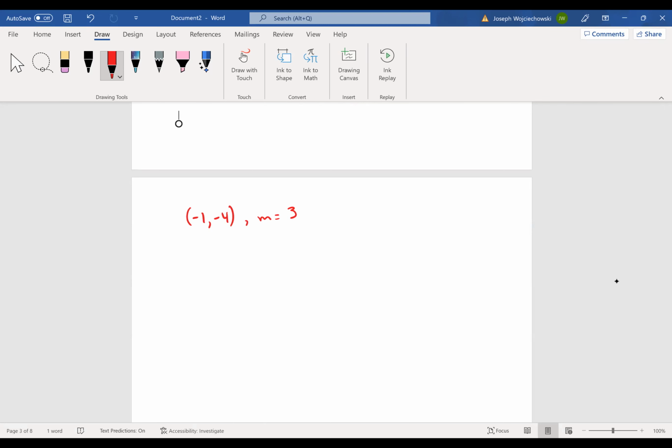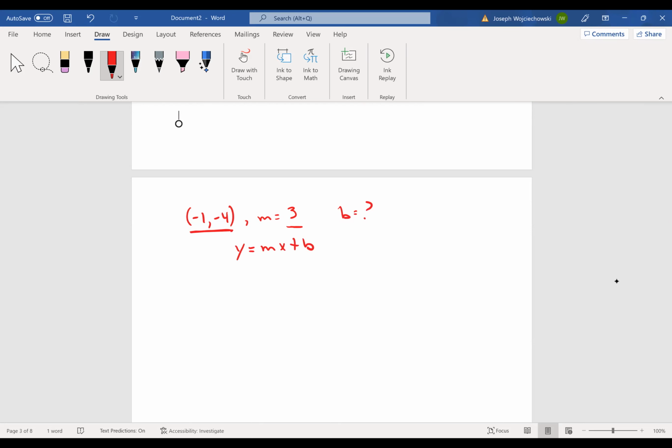Then write the equation using function notation. So what we're looking at here is I have a point and I have a slope. Unfortunately, I don't have my y-intercept, but remember the slope-intercept form, y equals mx plus b. Now I know an x and y that are on the line, and I know my slope, and I'm looking for b.